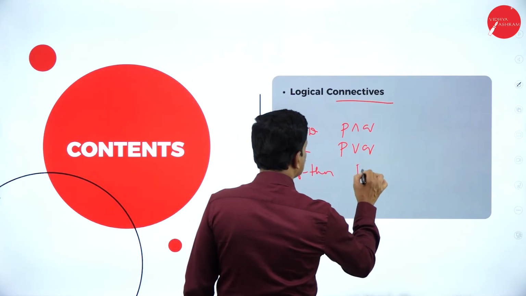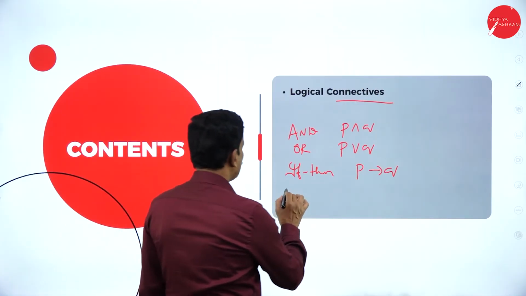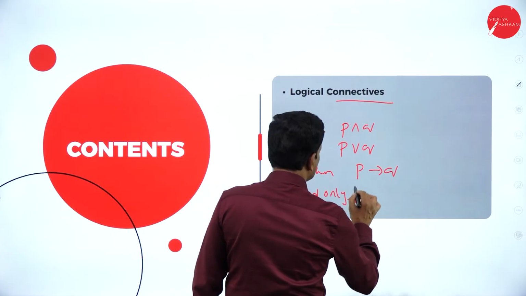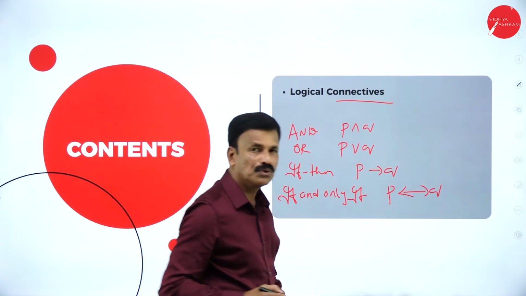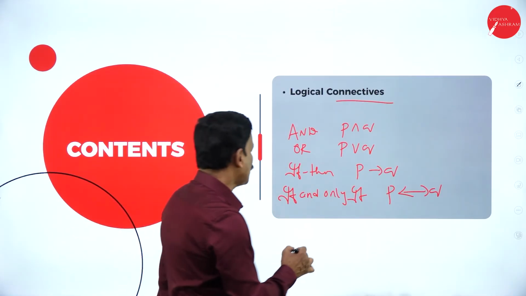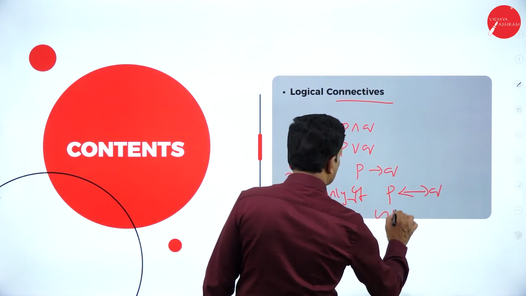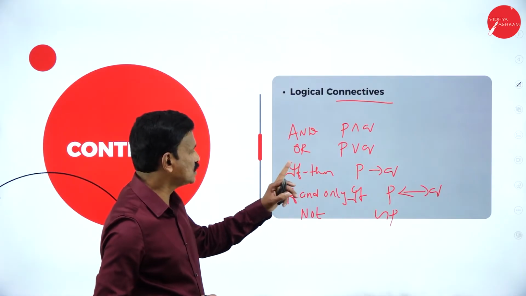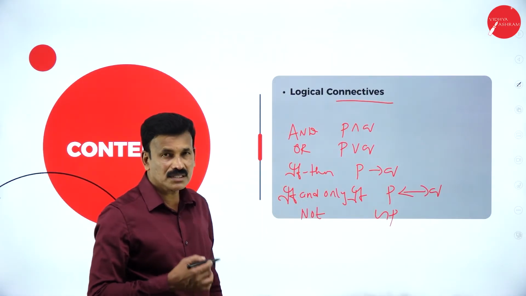For if then we use P conditional to Q. For biconditional, if and only if, the symbolic representation is P biconditional to Q. And for negation, it is not, that is nothing but not P. Negation of P is not P. So conjunction, disjunction, conditional, biconditional and negation, these are the connectives.